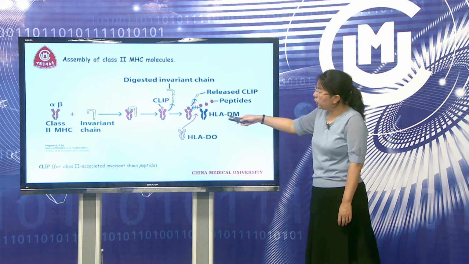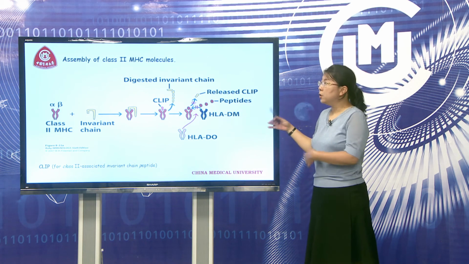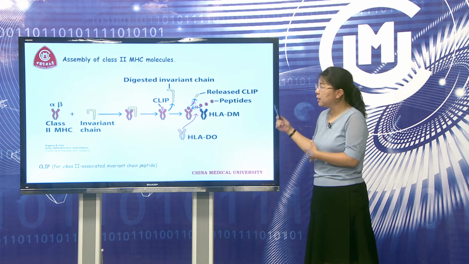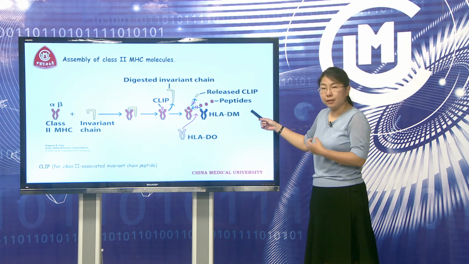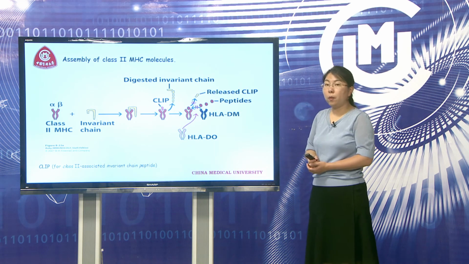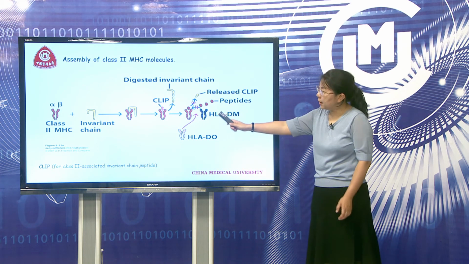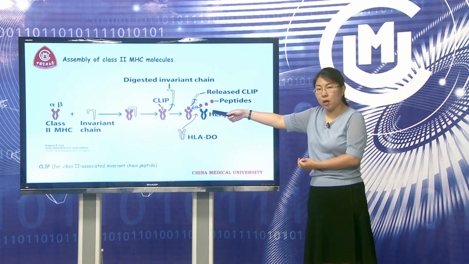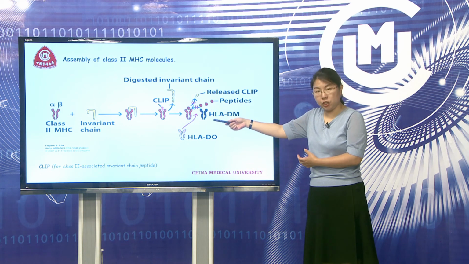And the class 2 molecule also exists in the endoplasmic reticulum, but the endogenous antigen cannot bind with the class 2 molecule. Do you know why? Because the class 2 molecule binds with one protein, we call it the invariant chain.